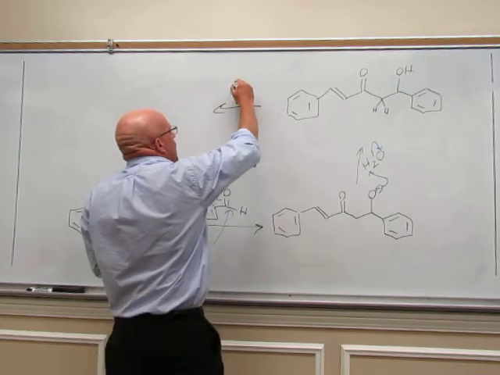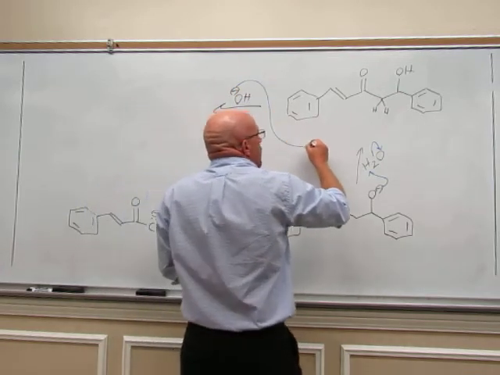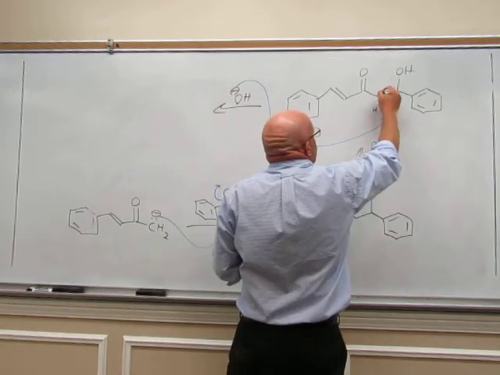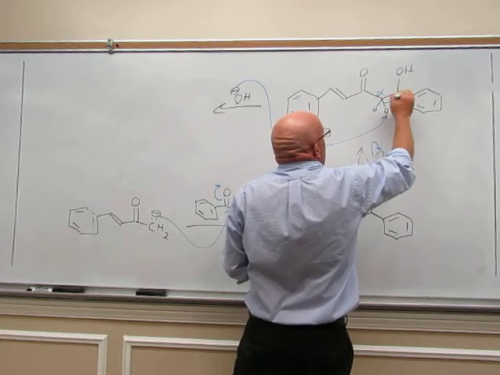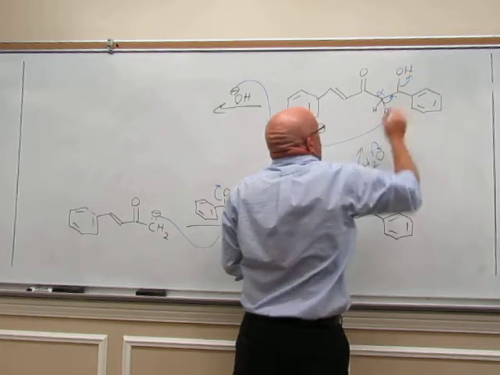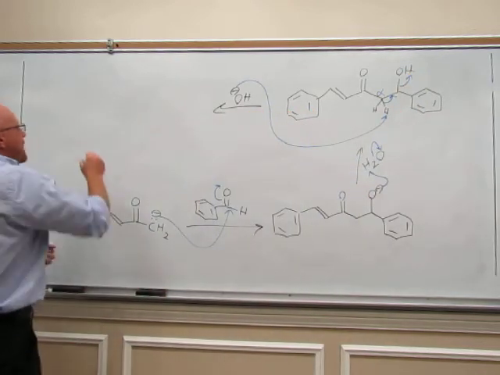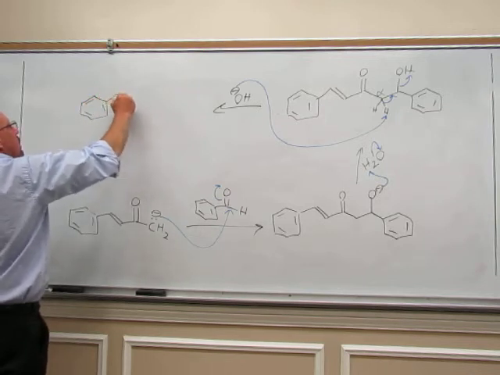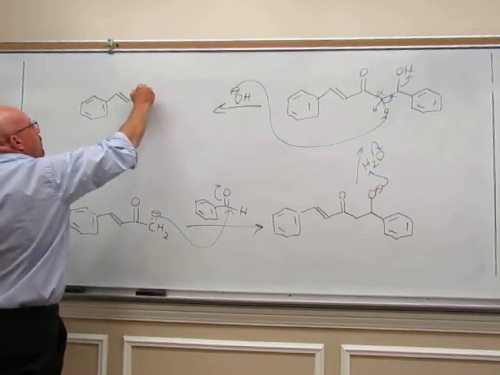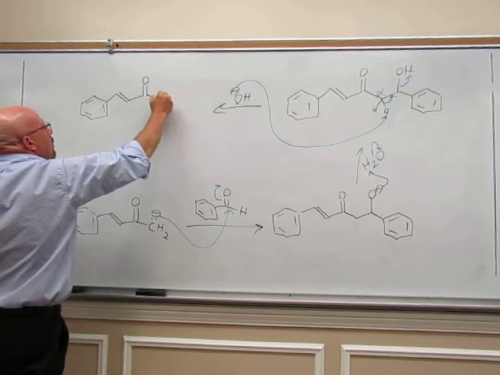The base will go ahead and grab the alpha hydrogen that's in between the carbonyl and the OH. Those electrons kick toward the OH to form the double bond and kick the OH off, and that gives us the aldol condensation product on that side as well. So we're doing a double aldol condensation.